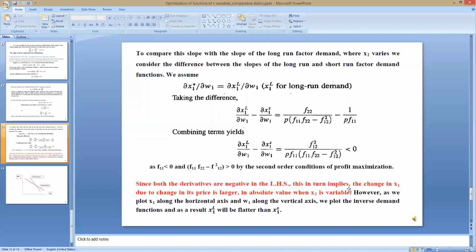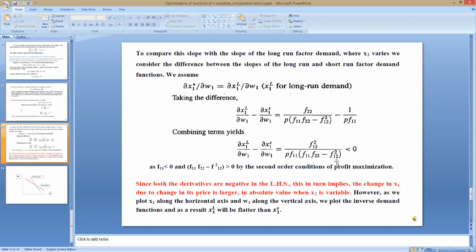For that matter, we are taking this difference, del X1L by del W1 minus del X1S by del W1. If we consider the difference, it reduces to F12 square divided by P F11 into F11 F22 minus F12 square.